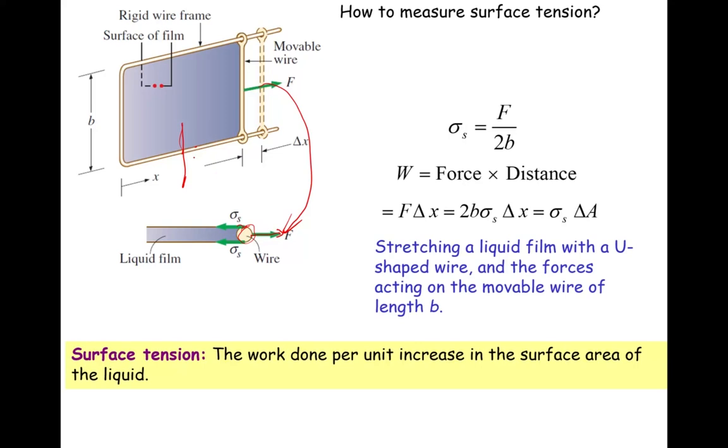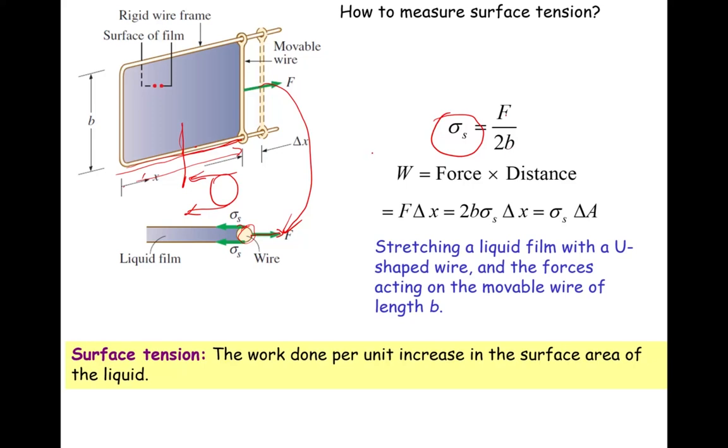So the surface tension force acts along this line, but on both sides, over the distance b. If we denote the surface tension with sigma, then it would be the force we apply here divided by 2b.